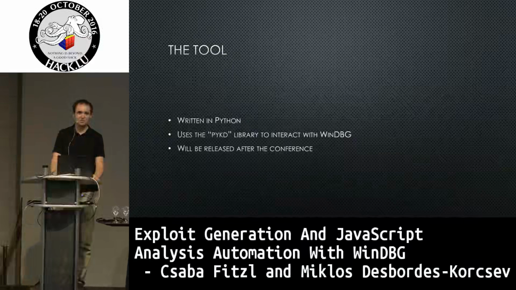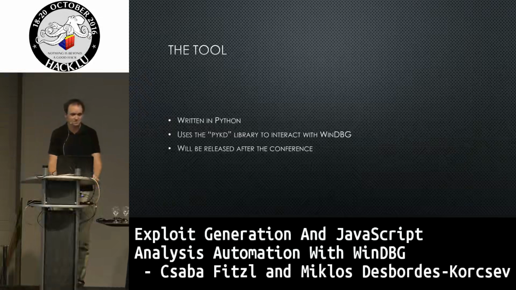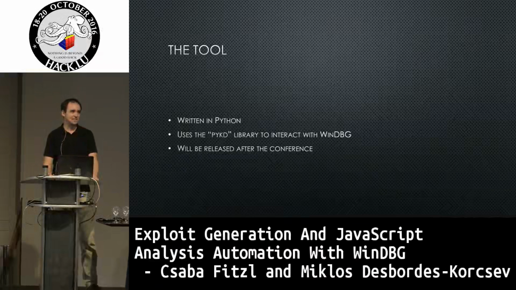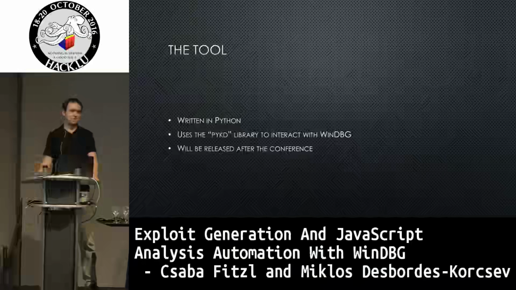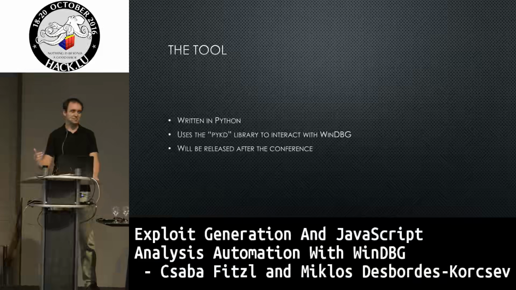And maybe a few words about this library. It is developed, I believe, by a Russian team. Basically, it allows you to interact with WinDBG directly from Python. There are two ways to do it. You can either run Python scripts with this library inside WinDBG, or you can actually invoke WinDBG and start the process in WinDBG directly from Python.